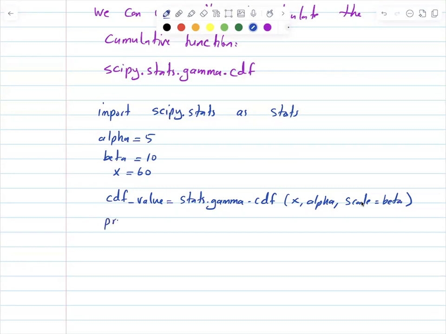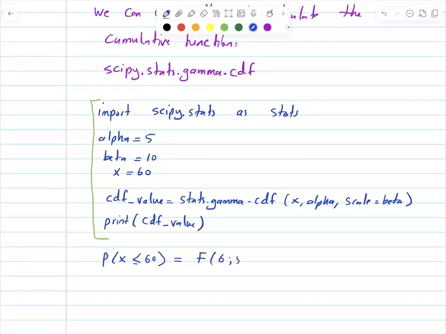You can also print this variable, cdf_value, and you should get a probability of around 72%. So after you run this line of code, the probability that x is less than or equal to 60 is F of 6 and 5, which is about 72%.